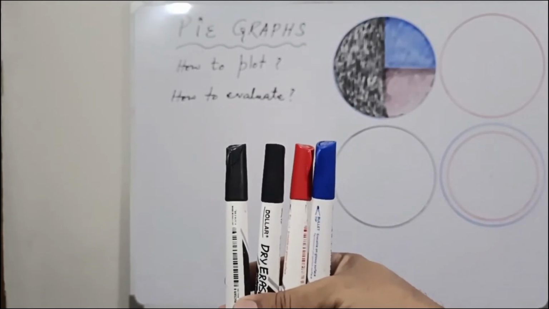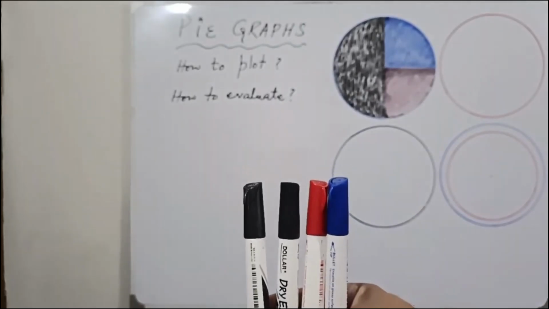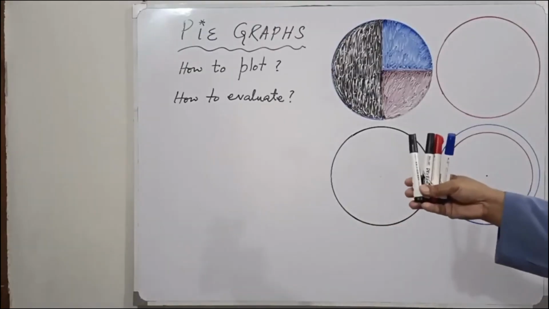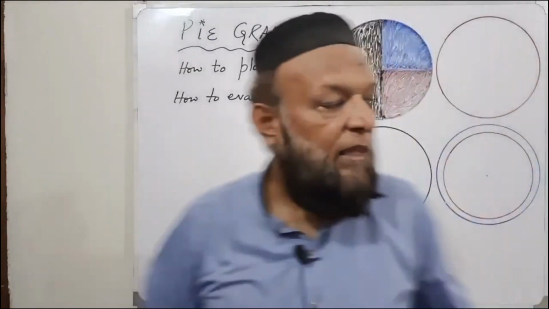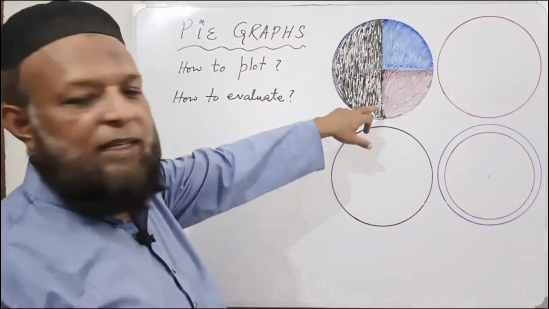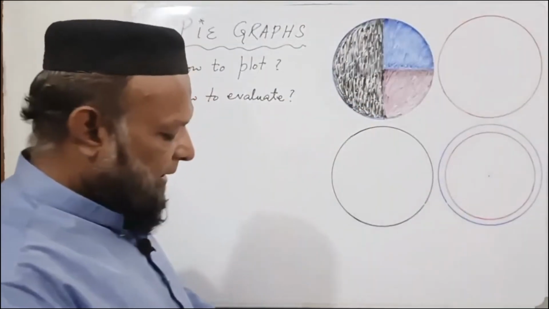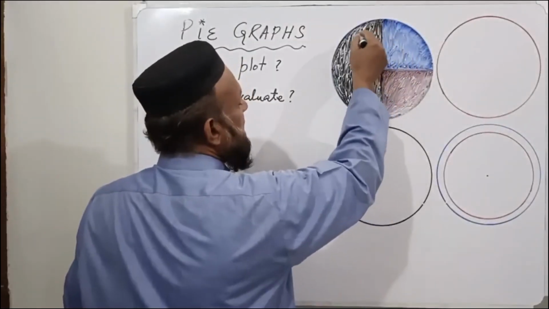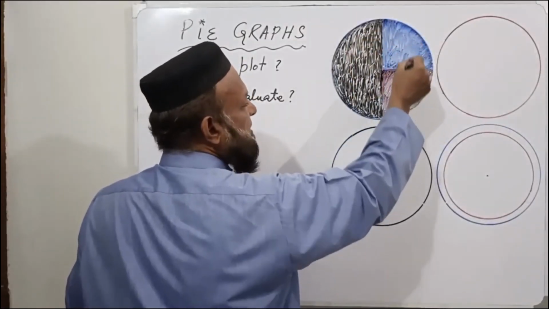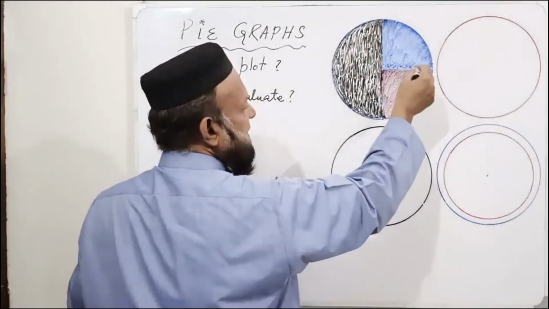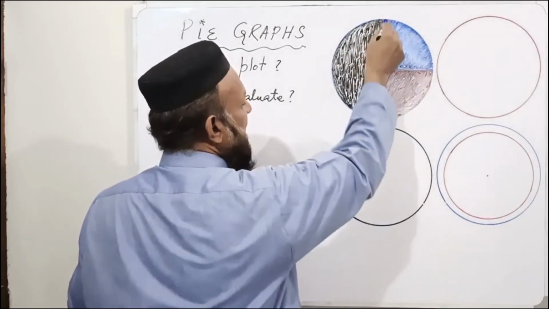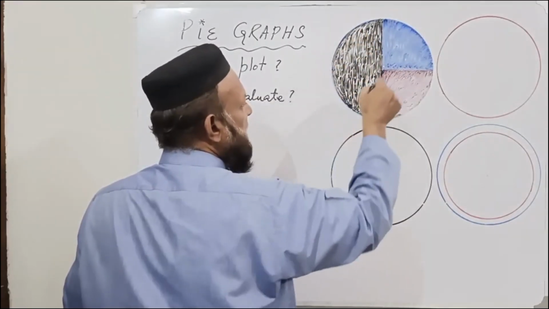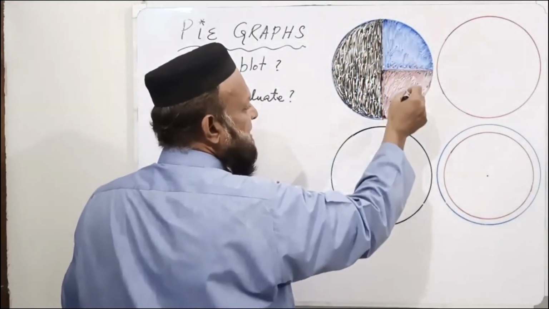As a result, in the graph we have given a double share to the black one and a single share to the blue and the red. It indicates that there are these two quarter pieces of a circle, and this is the half piece of the circle. It means this has a double share and this is single.